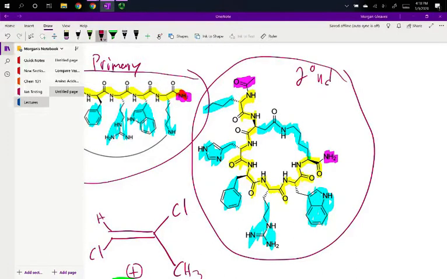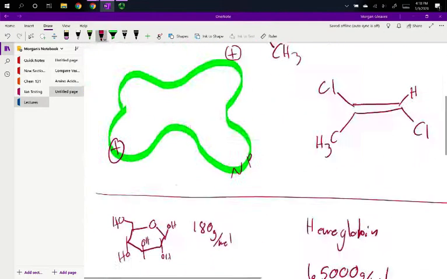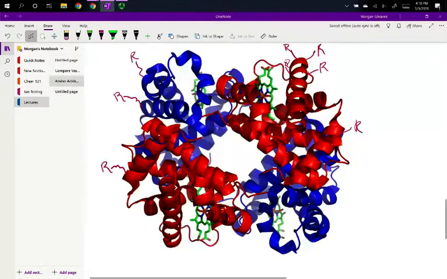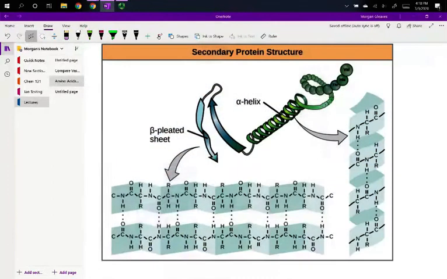So secondary shows you some of the shape, but generally, unless you're a small polypeptide like this, you're going to fall into one of a few classes of shapes. So your secondary has a set of shapes, which let's go look at a few. There are two major types of secondary structure. They are called the alpha helix or the beta pleated sheet, the beta sheet.